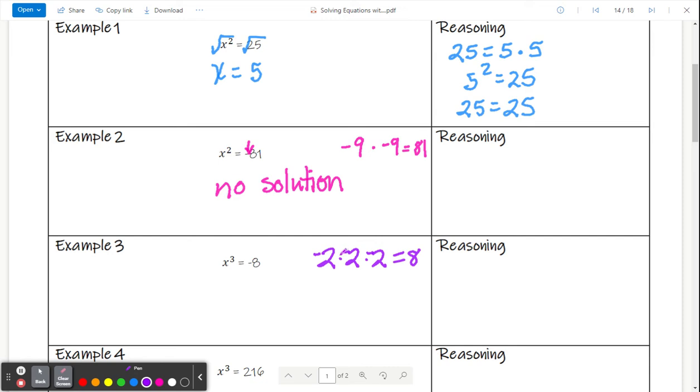Negative times negative is positive. So a positive 4 times a negative 2, yes, it does. It equals a negative 8. So in this case, I would take the cube root.